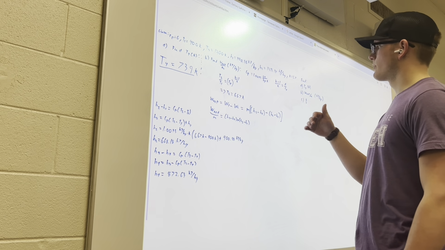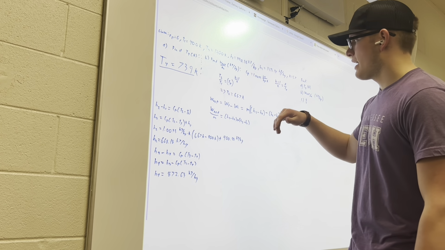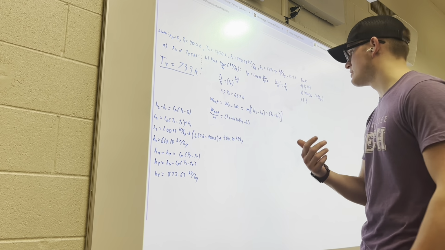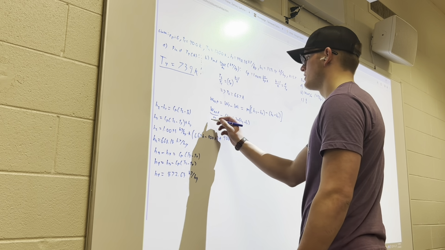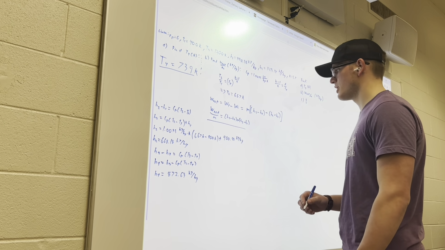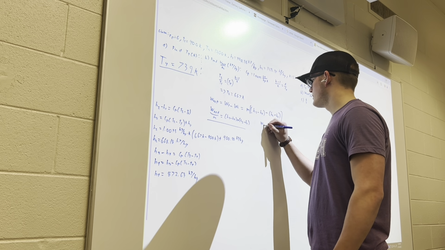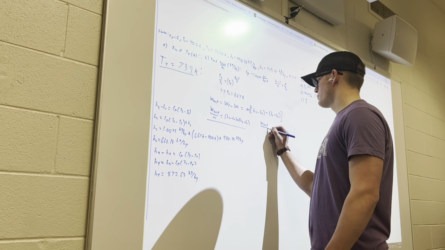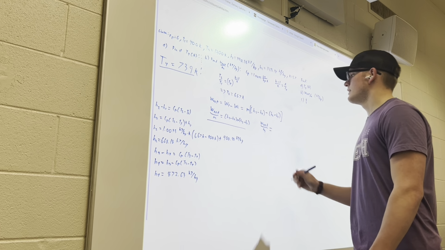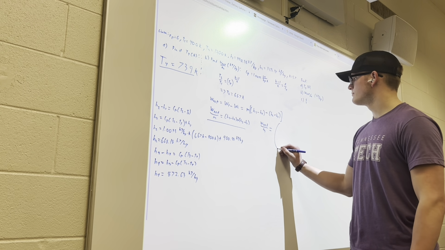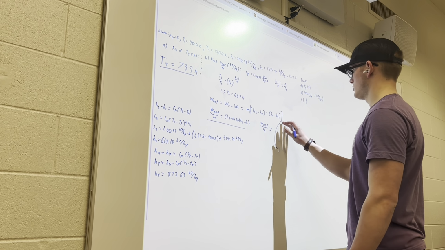Okay, so for our formula, we need H3, H4, H2, H1. We were given H3 and H1. We just found H2 and H4, which means that we have everything that we need to solve this formula. So, work net per unit mass is equal to, I'm going to write real big. That's too big.